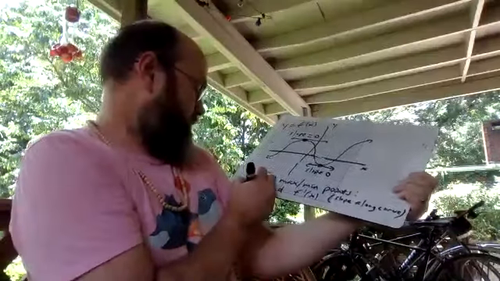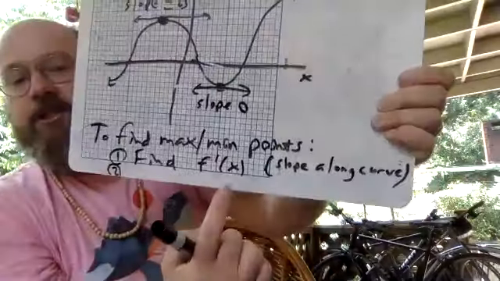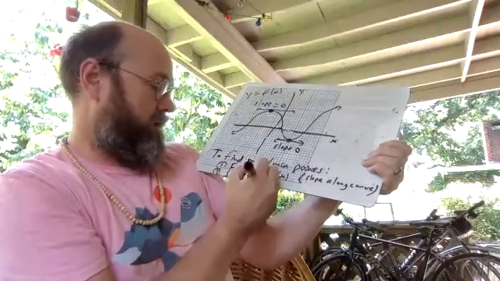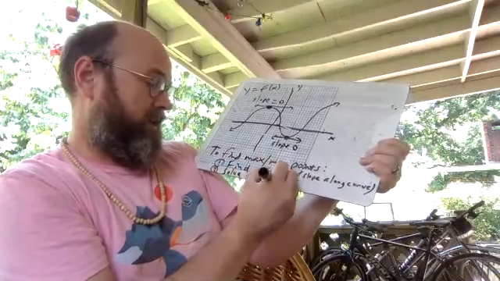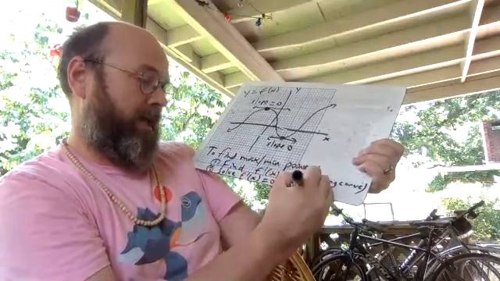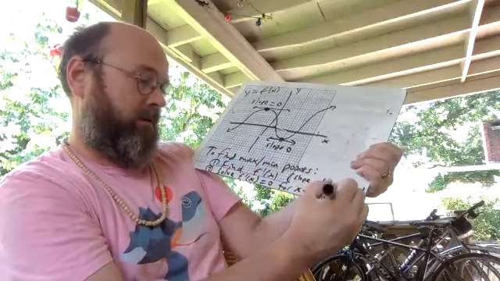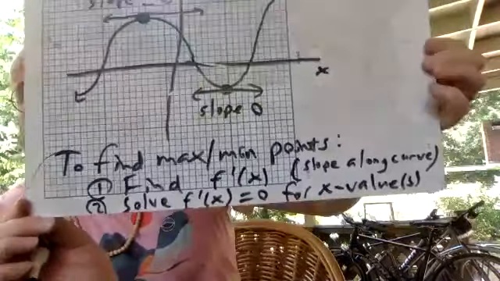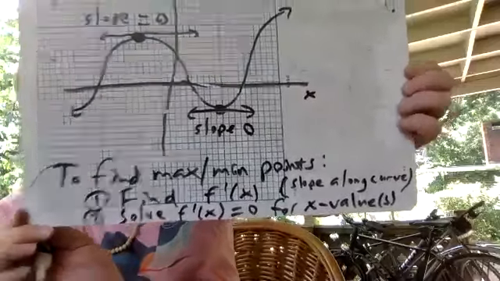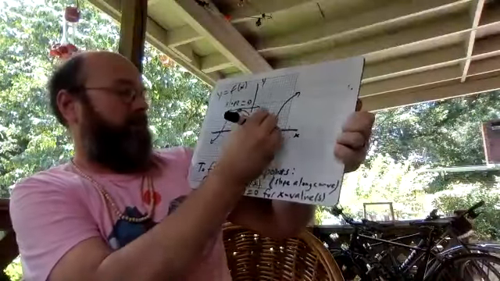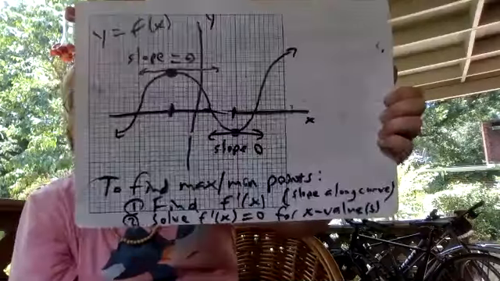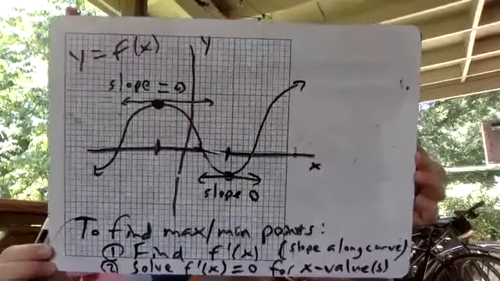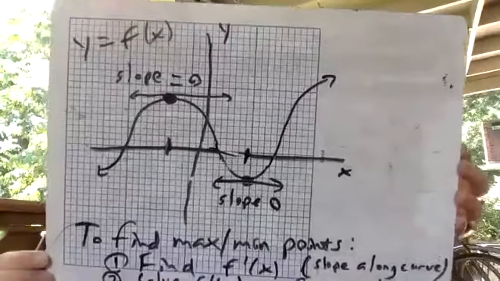And then step 2, this is going to be a new function of x, right? You take the derivative, you get a new function. Solve the equation f prime of x equals 0 for the x values that make that true. That will find this x value and this x value that go with those maximum and minimum values. Those are the conditions you need to satisfy to optimize the problem.